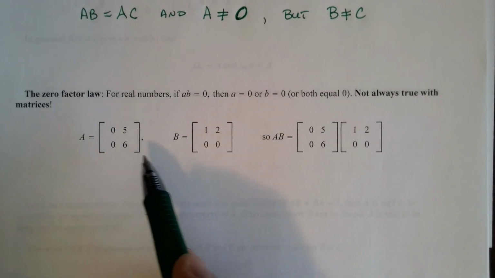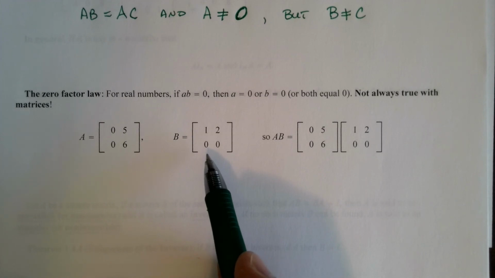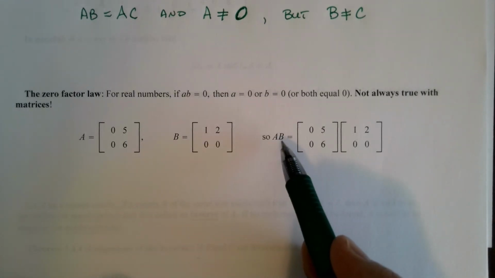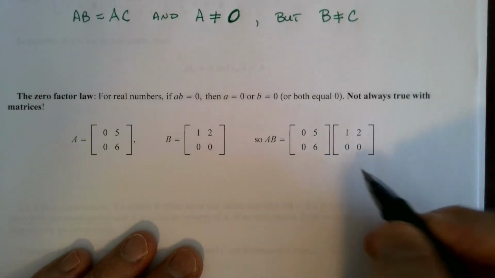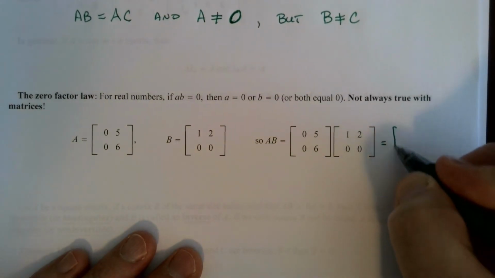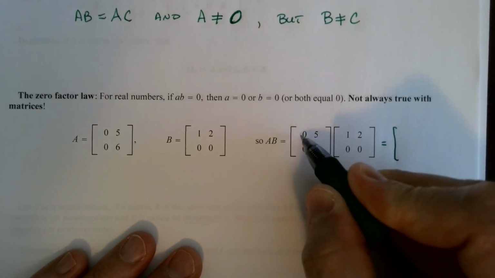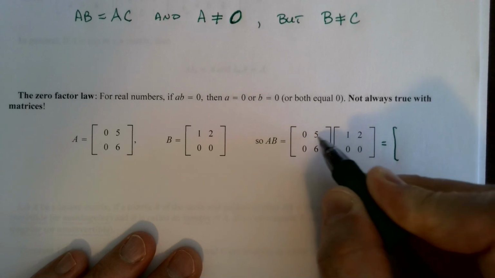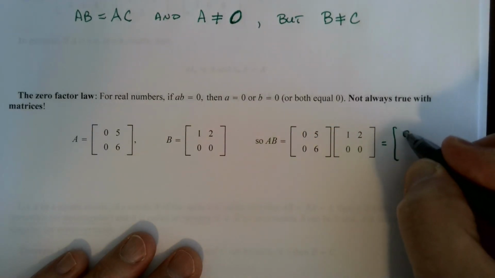Here's a matrix A and a matrix B. Neither one is the 0 matrix. But when I look at A times B, what happens? It's 2 by 2 times 2 by 2, so I get a 2 by 2. What's my first entry going to be? First row, first column: 0 times 1, 5 times 0. Both those products are 0. Add them up, I get 0.